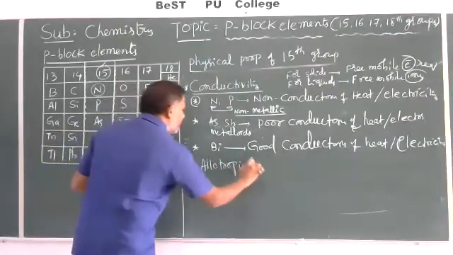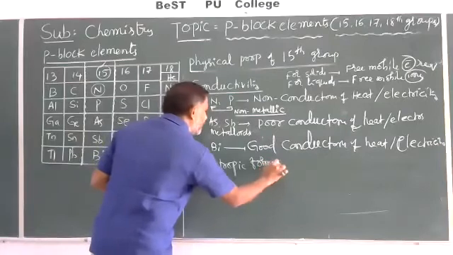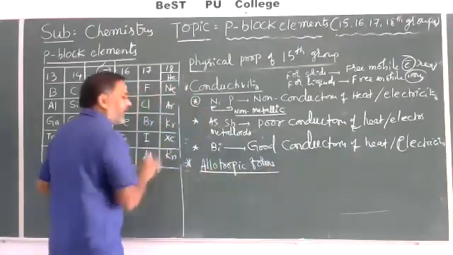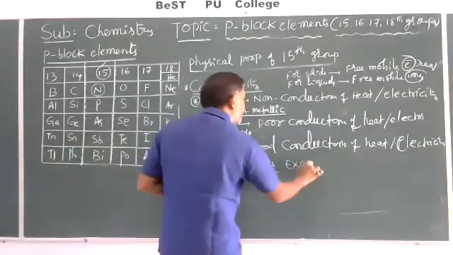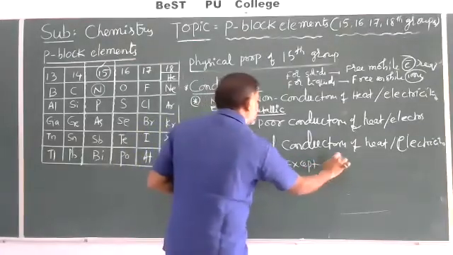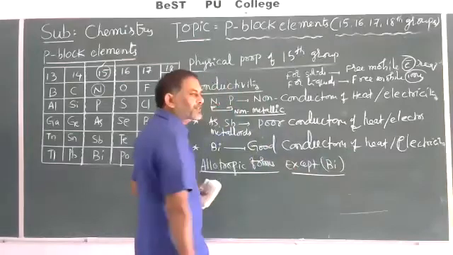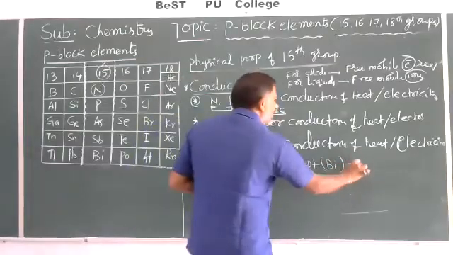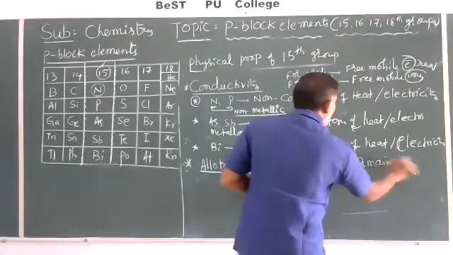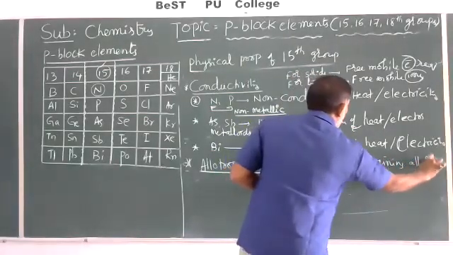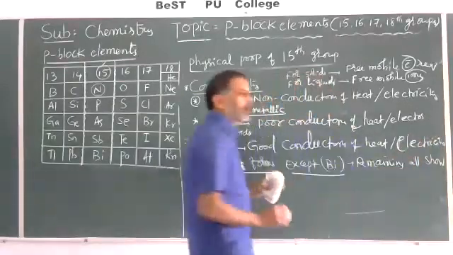Allotropic forms of 15th group elements. Except bismuth, all the remaining elements show or exhibit allotropic property.